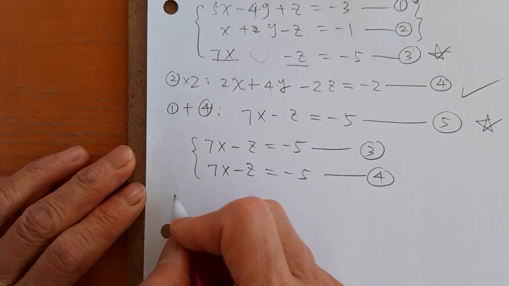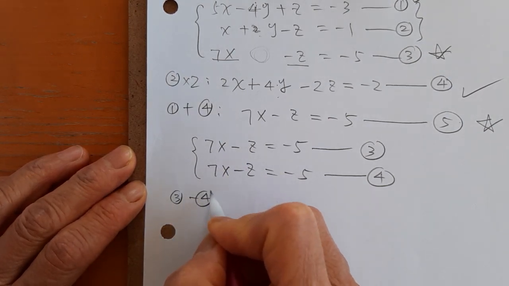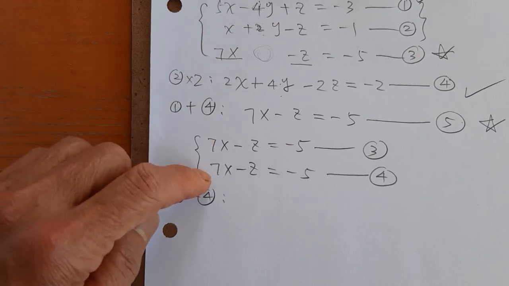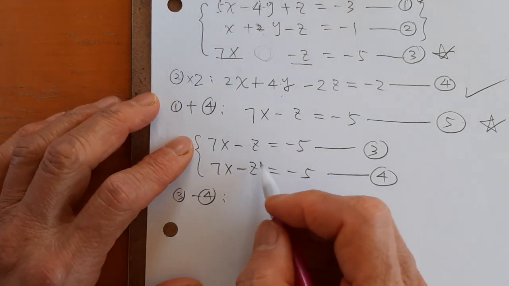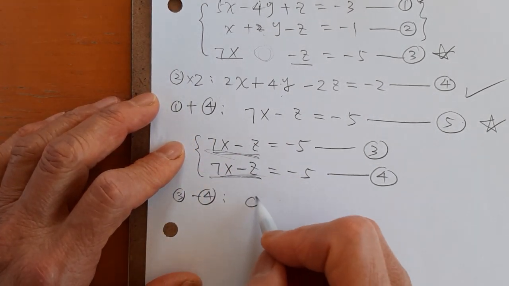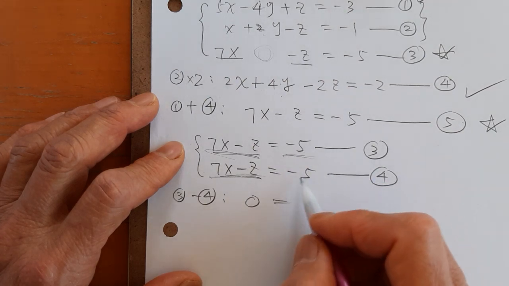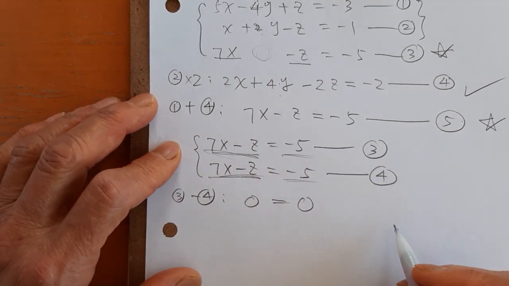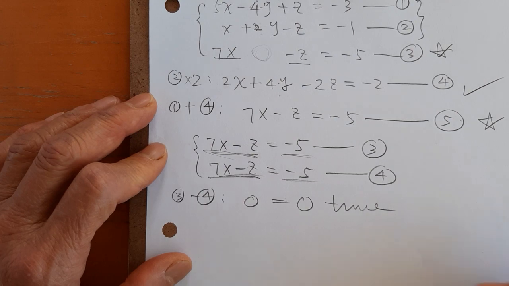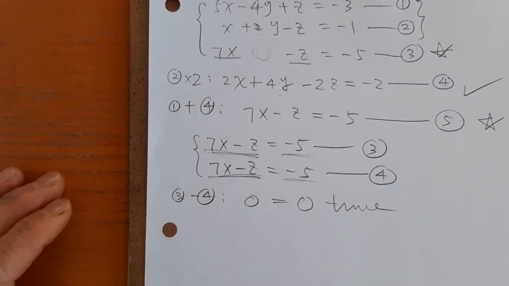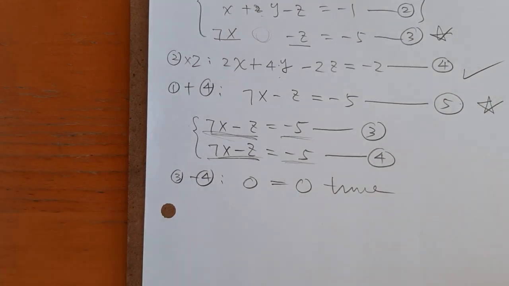You can go further: third equation minus fifth equation. 7x minus 7x is 0. The left side is the same, so subtracting gives 0. Right side, negative 5 minus negative 5 is also 0. It's always true, so there are infinite solutions.